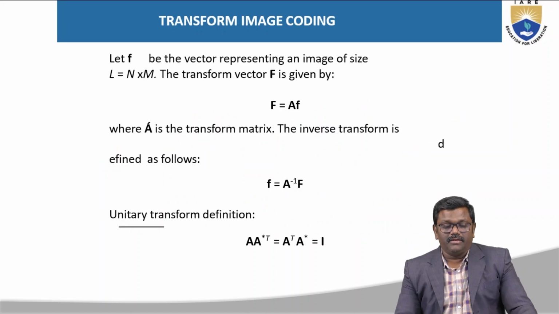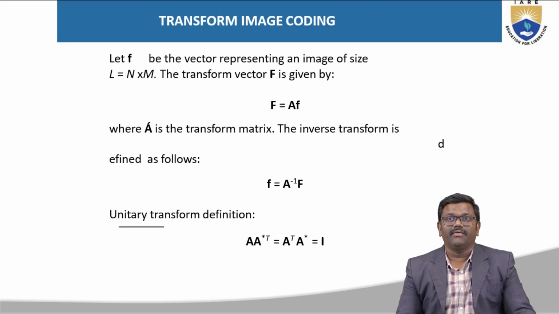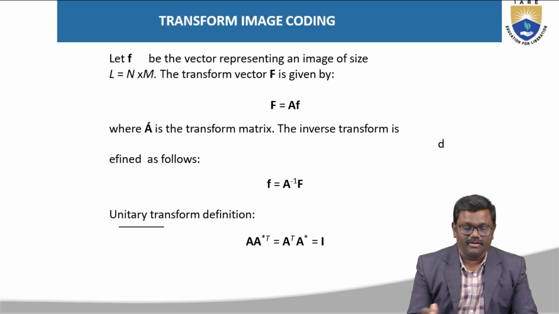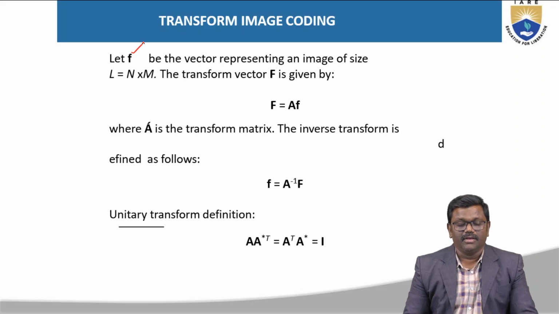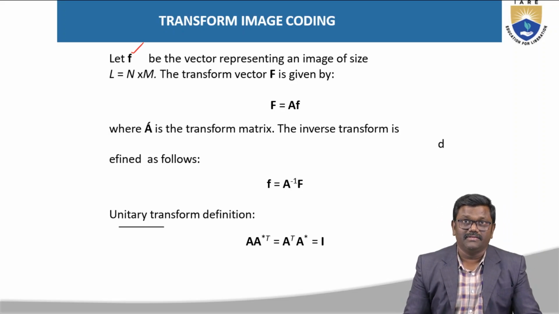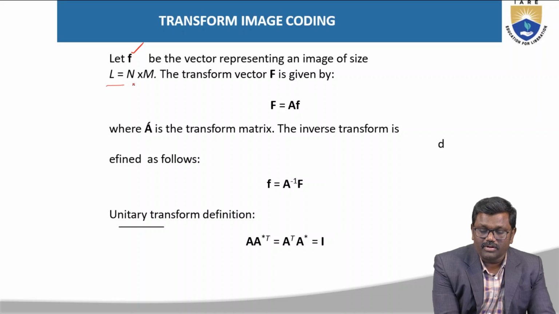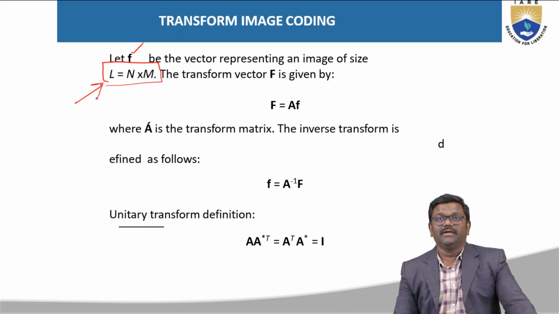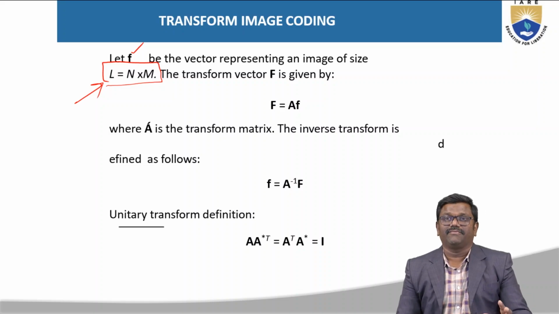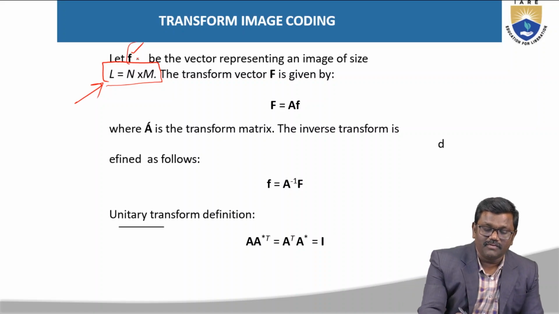Simply, this transform image coding, which we are going to calculate based on simple assumptions, let us take f to be the vector representing an image of size L equal to n comma m, where L is the total image content. The transformation vector is capital F. So f is a vector.